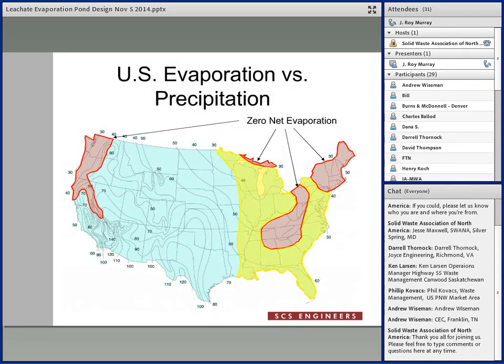These areas in yellow represent basically 0 to 10 inches of net evaporation. So while you technically could evaporate some, if you have a couple of wet years or a particularly wet year, it's probably going to be a little bit more difficult to be doing anything much more than storage.